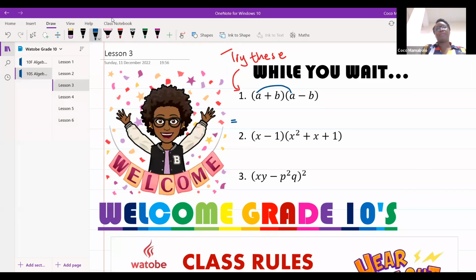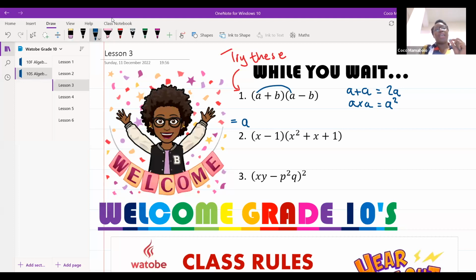A 2A. Good, but not 2A, A squared. Remember, if I have A plus A, that's going to give me 2A, but we're not adding here. We're multiplying. So A times A is the same as A to the power of 2. We need to remember that. That's the difference.